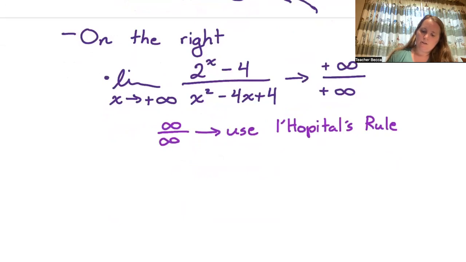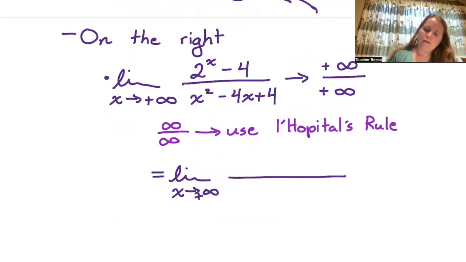So this limit should be equal to the limit as x goes to positive infinity of the derivative of the numerator over the derivative of the denominator.